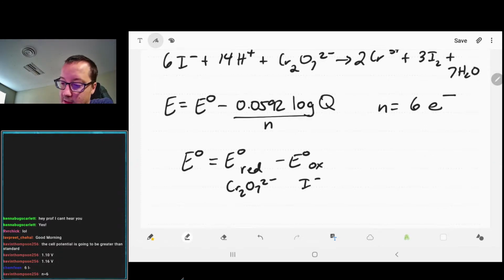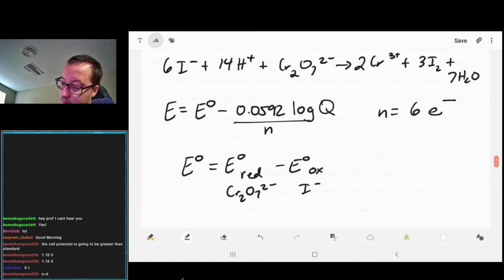They're technically, we always write them as reduction potentials, right? So we should write that as this. Let's go ahead and pop open Wikipedia to find our list of standard electrode potentials. Let's find iodine on this.